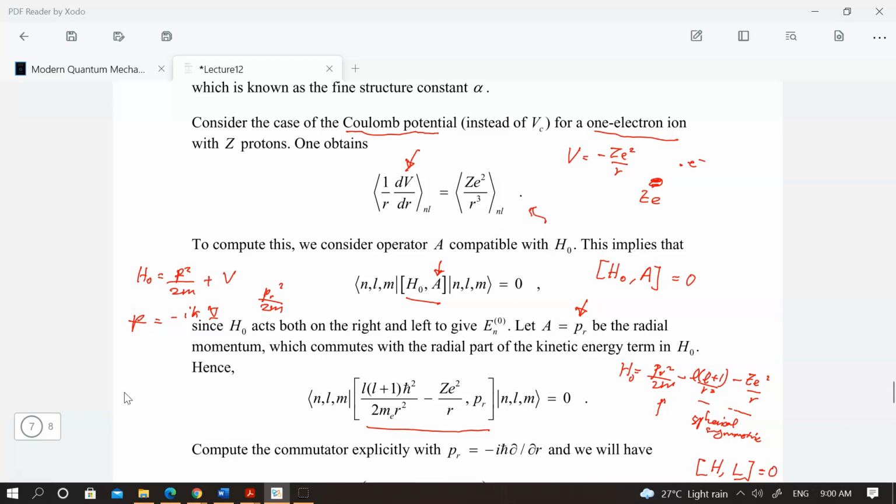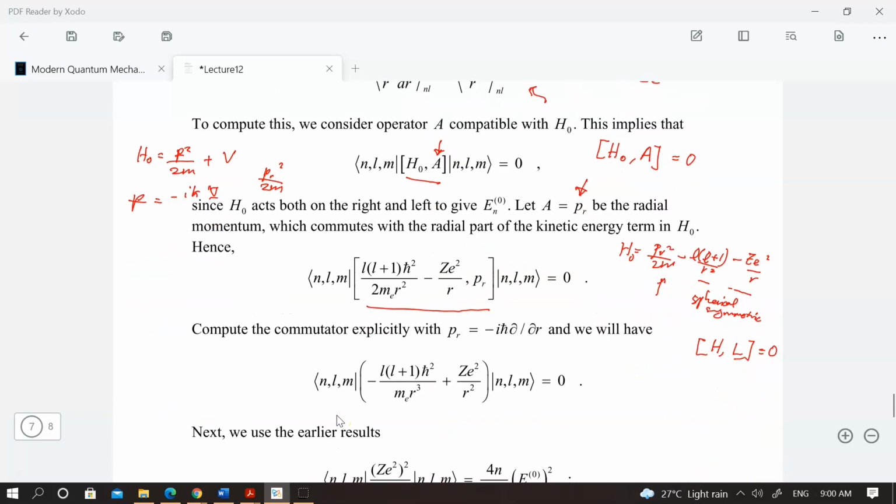So we want to calculate that, and we have to find how that will actually arise from this commutator. Well, you can replace your P_r by the operator version, which is minus i h bar d/dr, and essentially calculate the commutator using this operator explicitly. When you do that, you have to take the derivative in r for this term and then this term, and that will give you the things that we need.